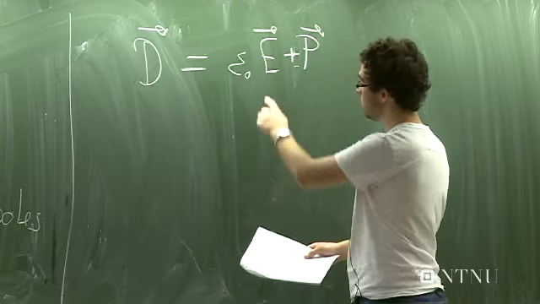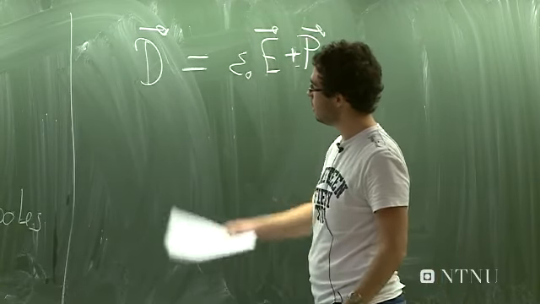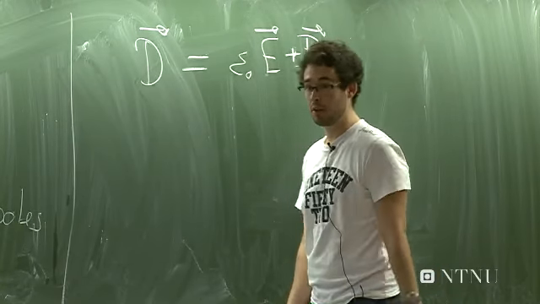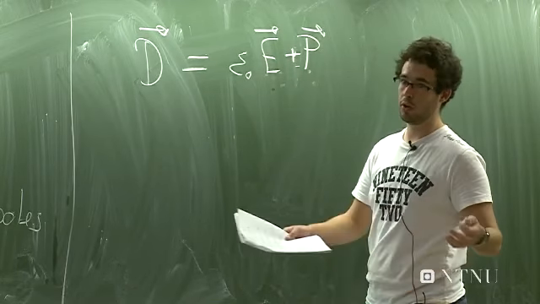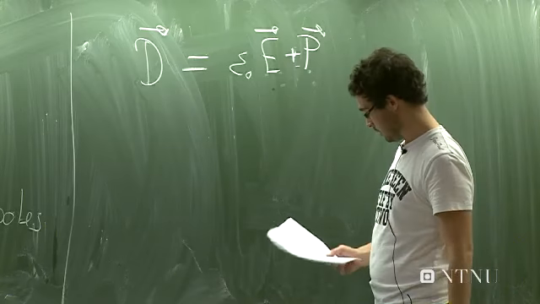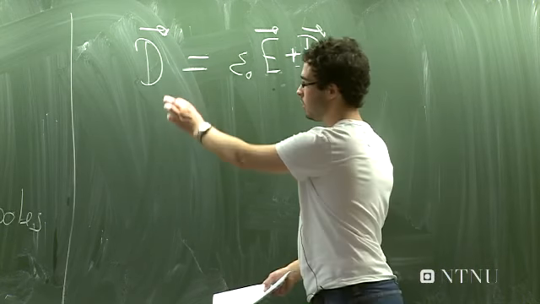Electric field plus polarization, that's the displacement field. And this equation is always true, of course, even if the P is caused by E in some nonlinear, non-isotropic, funky way. And this fulfills Gauss's law.